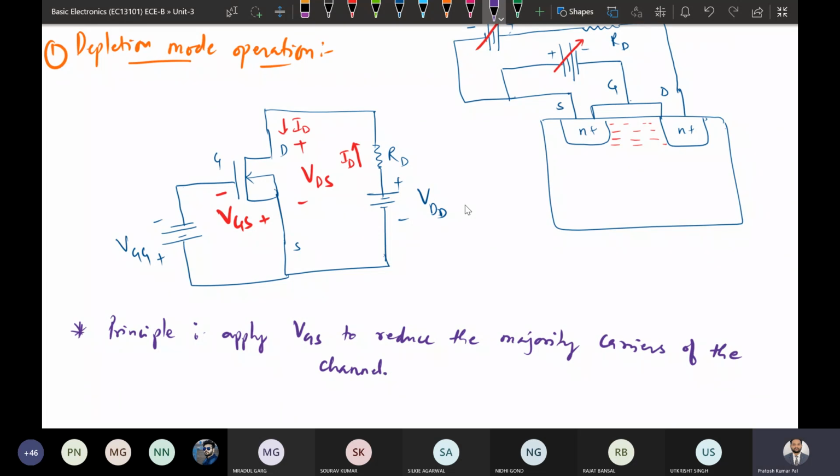We need to reduce the majority carriers available in the channel by applying the gate to source voltage. That's why we are applying gate to source voltage in the negative direction.